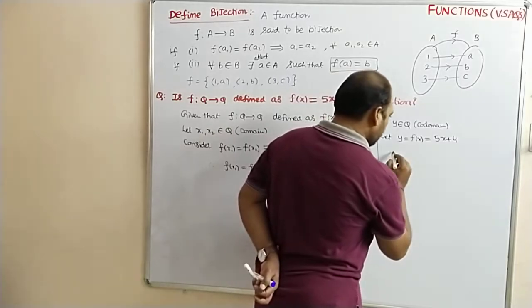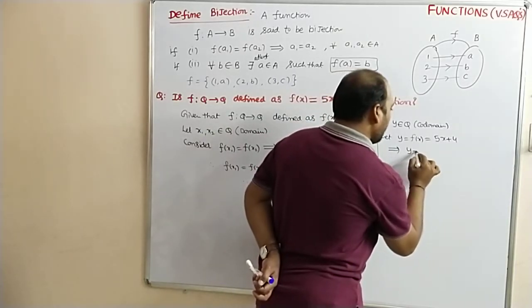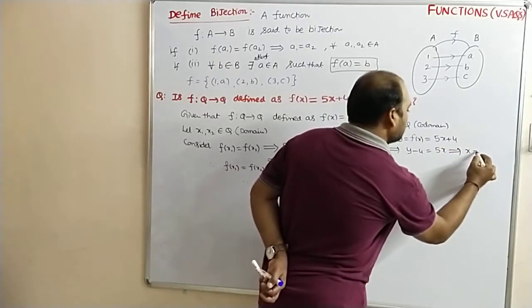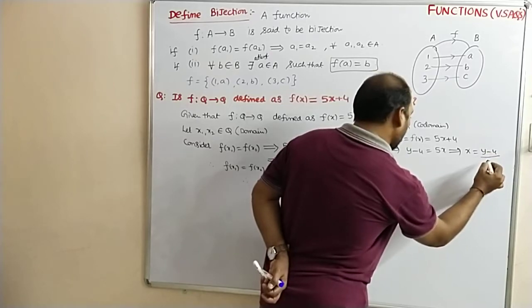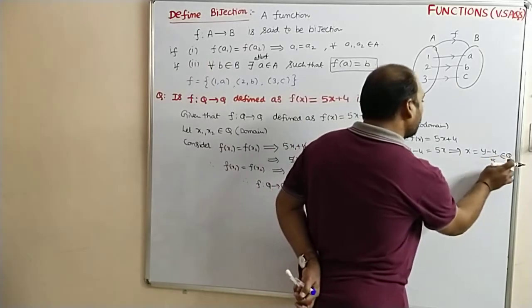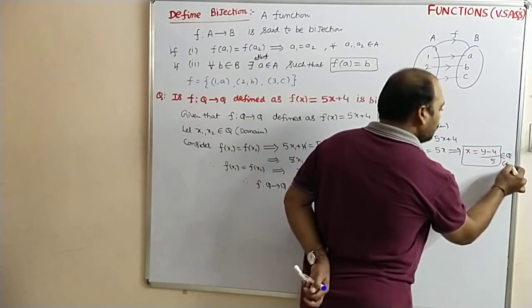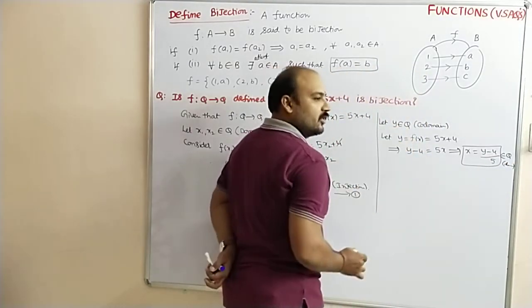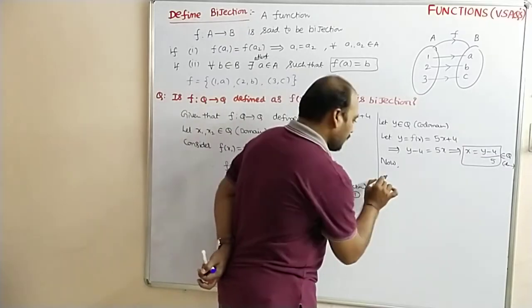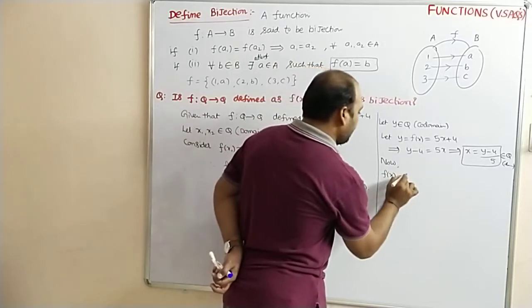That implies y minus 4 is equal to 5x. That implies x is equal to (y minus 4) divided by 5. This belongs to Q. This x value belongs to the domain; this is the domain, this is the codomain. Now, f of x equal to 5x plus 4.